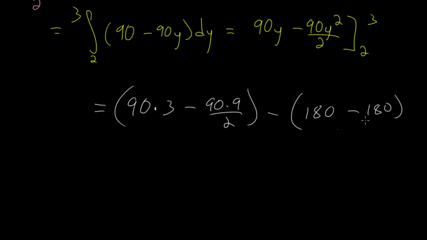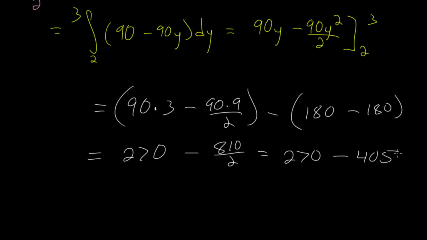So this second part will simplify to 0. And we get 270 here minus 90 times 9, which is 810. And we'll divide that by 2. So we have 270 minus 405, which simplifies to minus 135. So this should be our final answer.